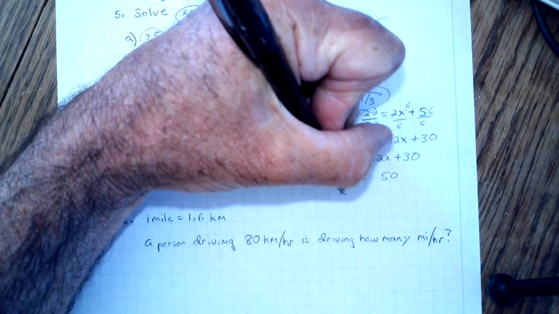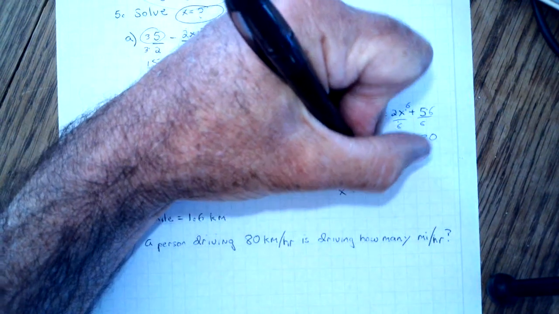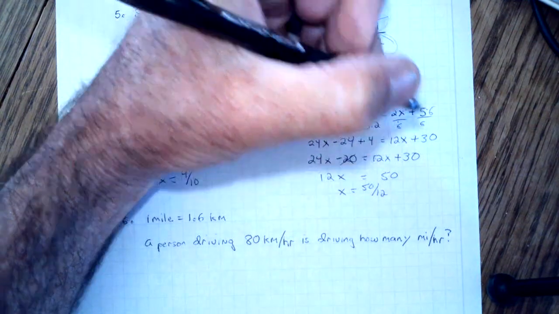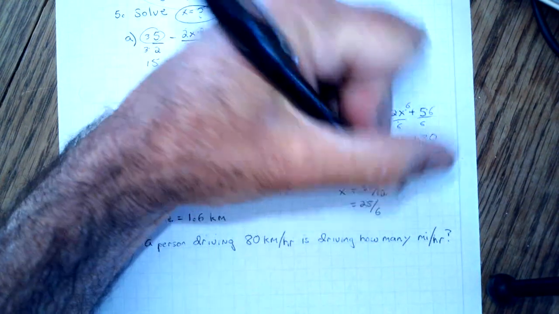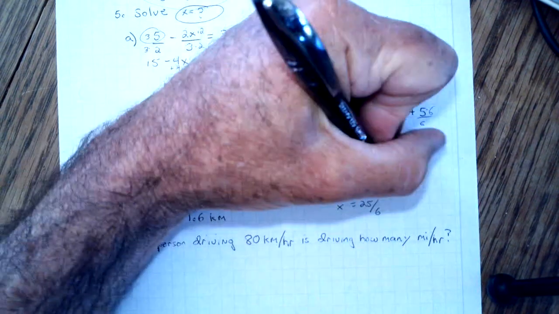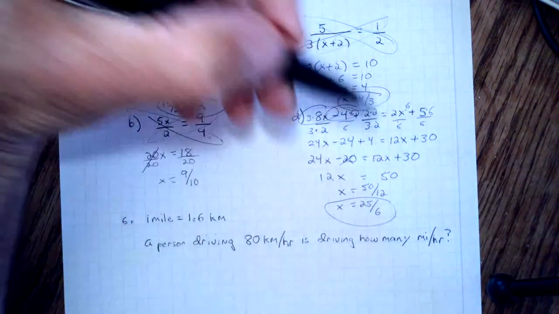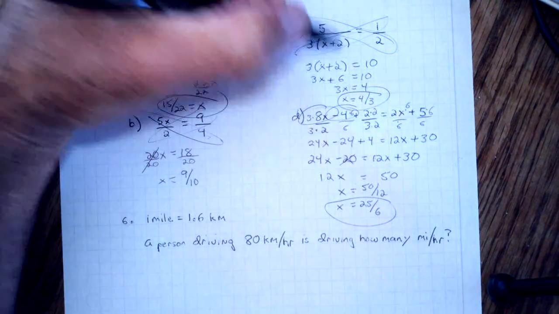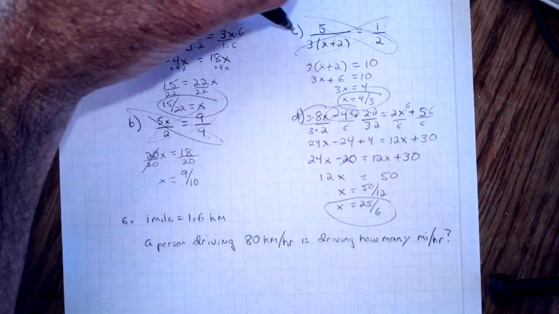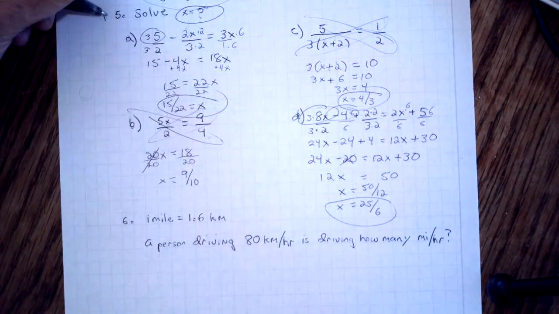Divide both sides by 12, and I get 50 over 12. Both those are even, so that could be 25 over 6. Either one of those is correct. If you didn't reduce it, this one is fine. Okay, so this one's worth 3 points, for a grand total of 12 points there.